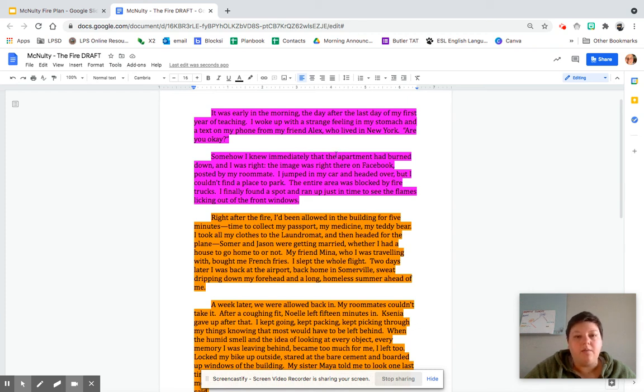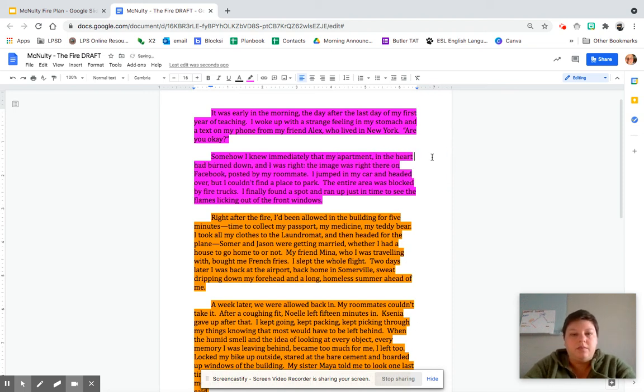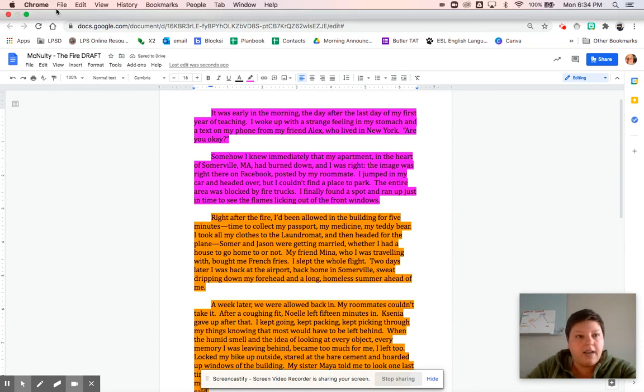So maybe I should add that. Well, maybe I should say my apartment in the heart of Somerville, Mass. had burned down. So now I did orient the reader in the setting.